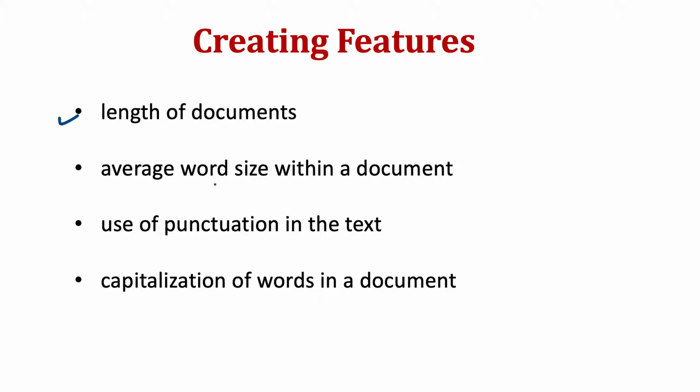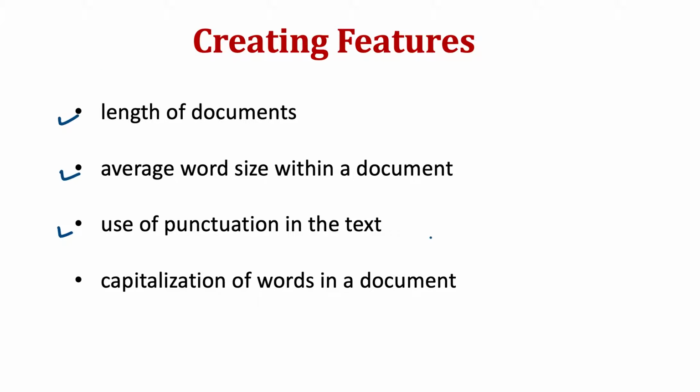Then there can be another feature like the average word size within each text message or document. Is there some relation between spam and ham on that? Then maybe spam messages use too much punctuation.